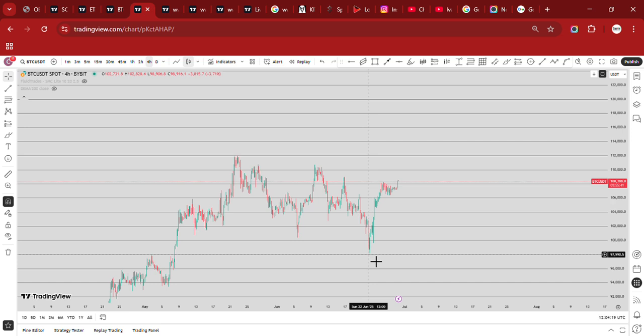Now you that are living upstairs, the same place that the person is looking at as his resistance zone is a support zone to you. That means if the person climbs upstairs using the staircase, he will turn his former resistance into a support zone. That means if a market breaks a support zone, it will turn that support zone into a resistance zone.